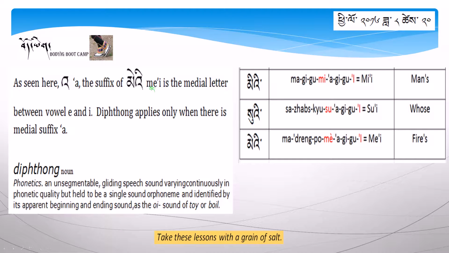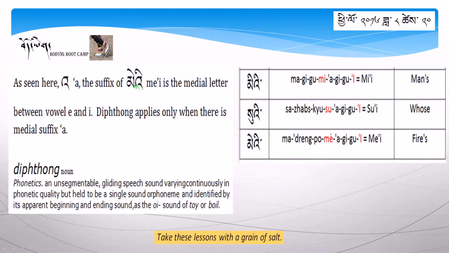And then you would also see this kind of diphthong noun, meaning this ha right here is in between the two vowels. So this is the only letter that could go in between two vowels, especially the e and the e. Or it could sometimes be u, the shabkyu, and then maybe the e down here, up here.